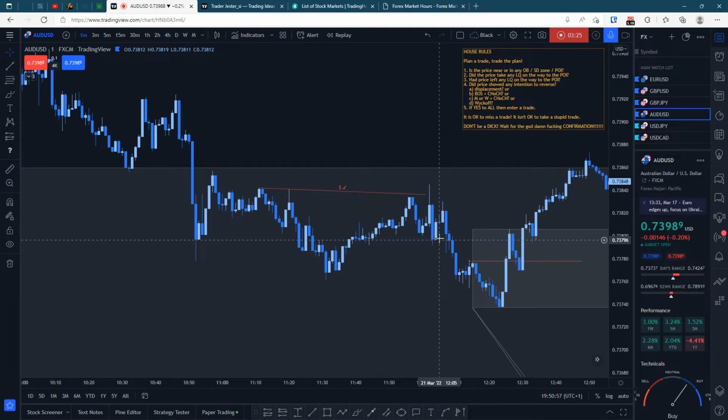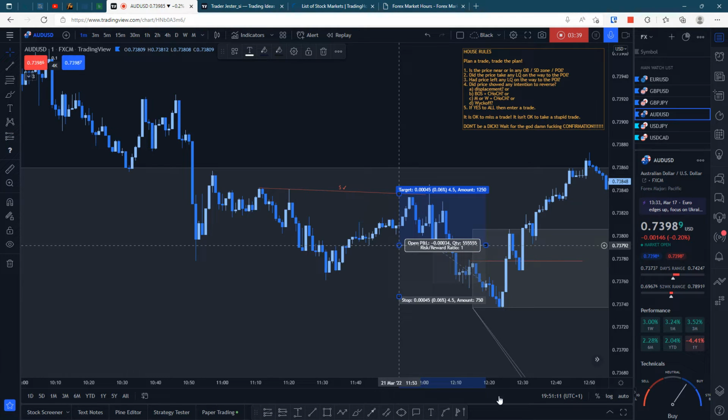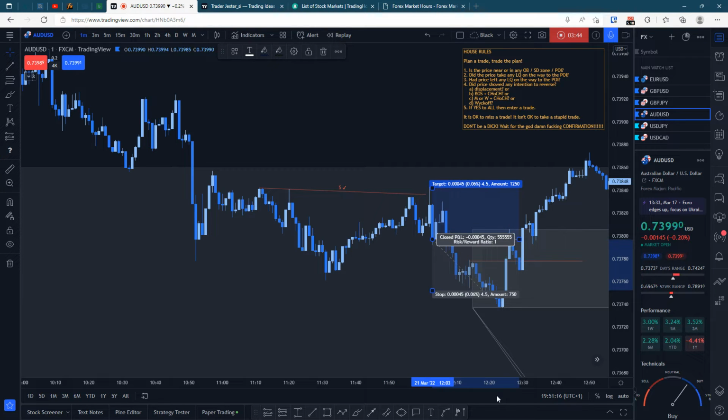So let's put it this way: long entry, as planned, in the right zone with the break of structure and so on. Somewhere here, a little bit higher accounting for the spread. Stop loss, I believe, was just below the low. It was 4 pips or something, targeting highs.